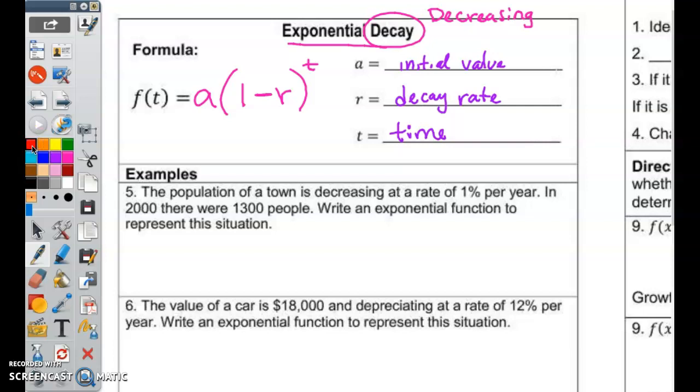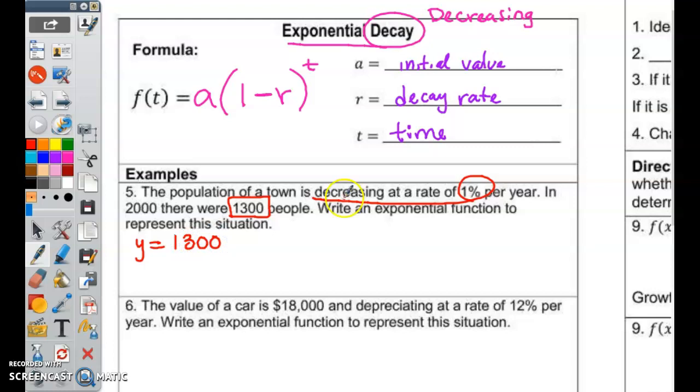Problem number 1. The population of a town is decreasing at a rate of 1%. In 2000, there were 1,300 people. So I started with 1,300 people. This is the year, so don't use that as the number. So we're going to have y equals, what did I start with? 1,300.